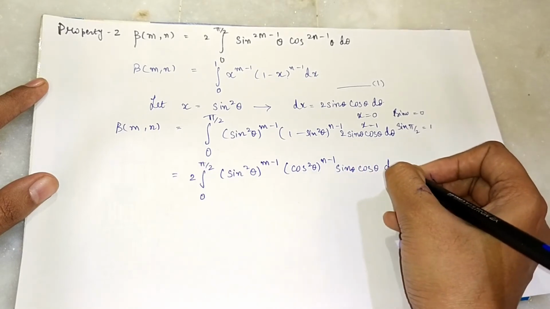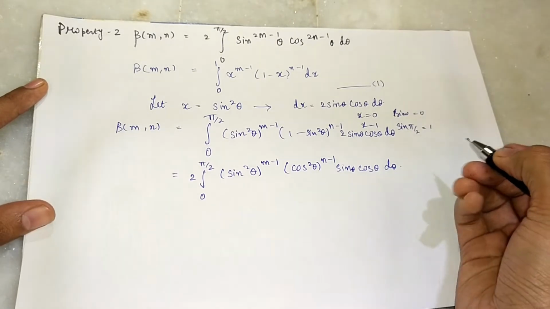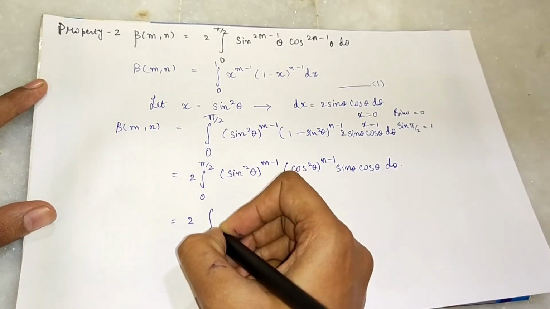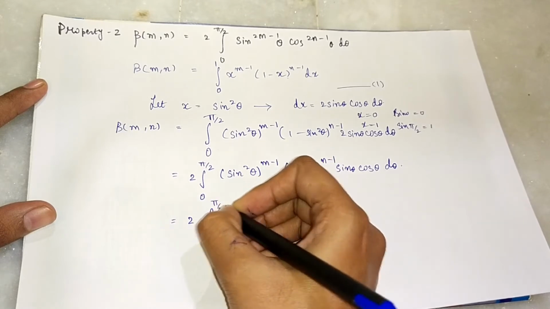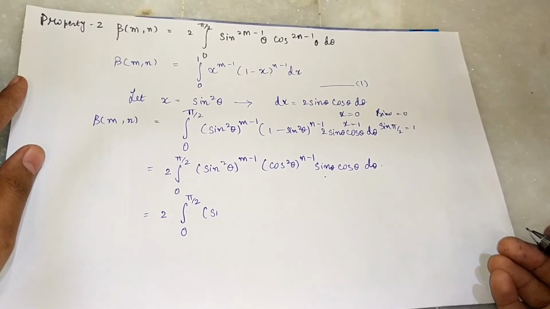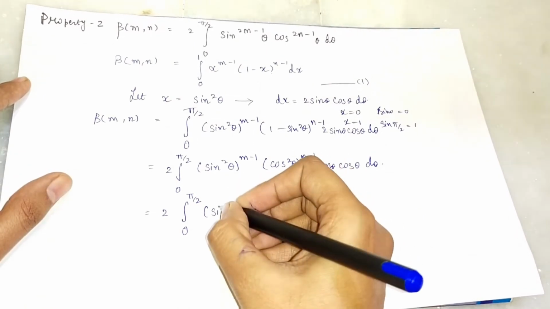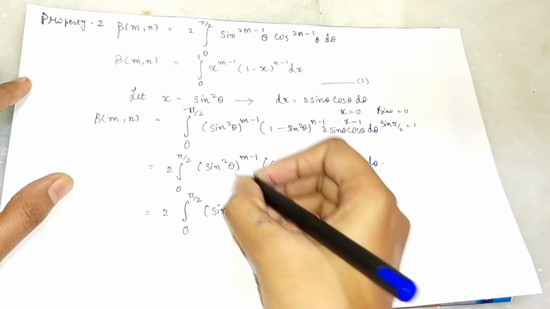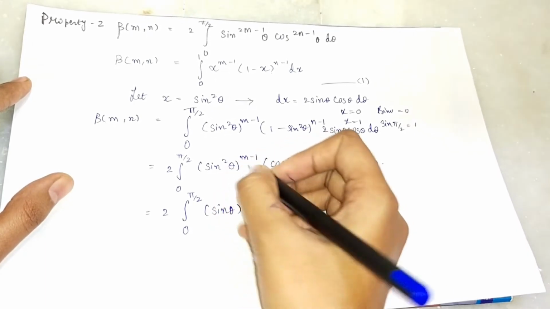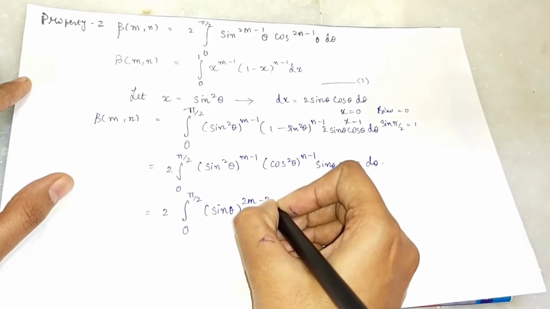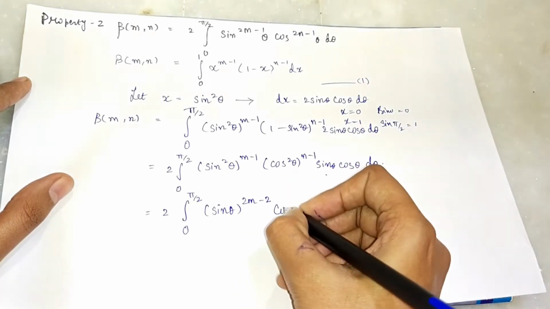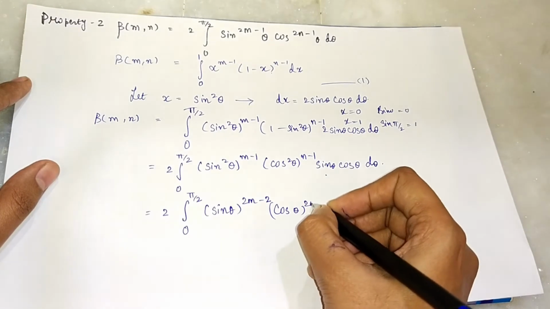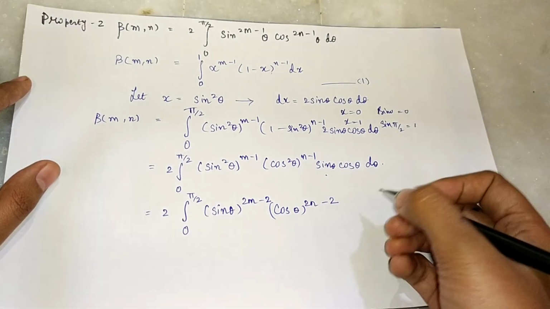Now we can rewrite this equation as 0 to pi by 2, sine theta, where this 2 will get multiplied with m minus 1, so we get 2m minus 2. Again cos theta will also get multiplied with n minus 1, so here we will get 2n minus 2.